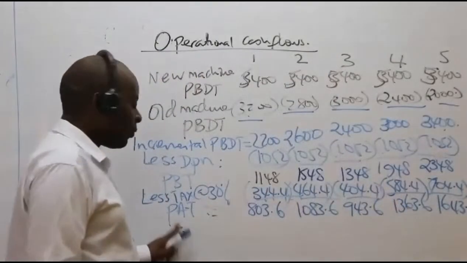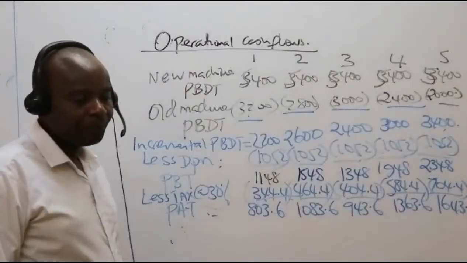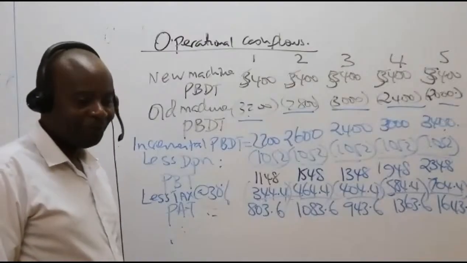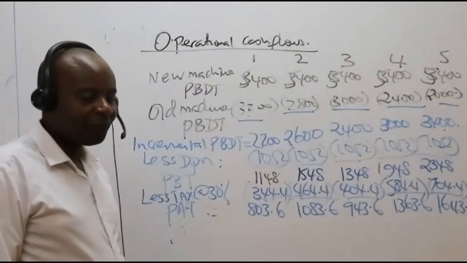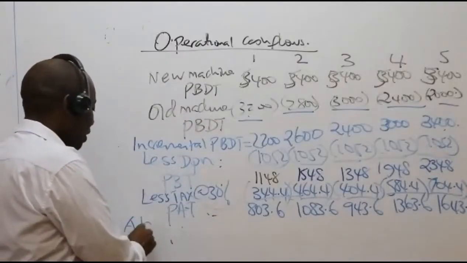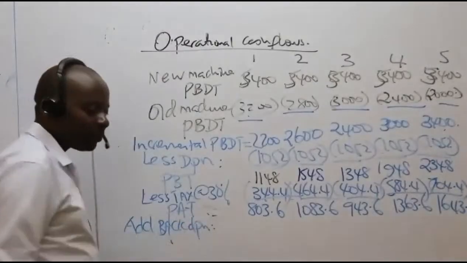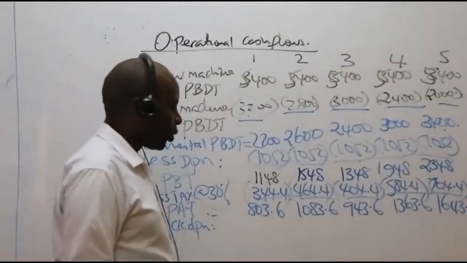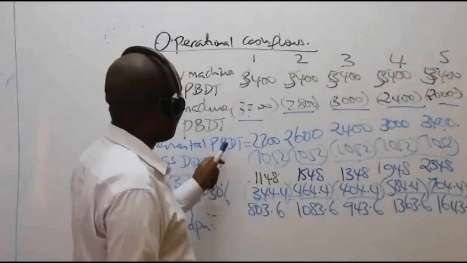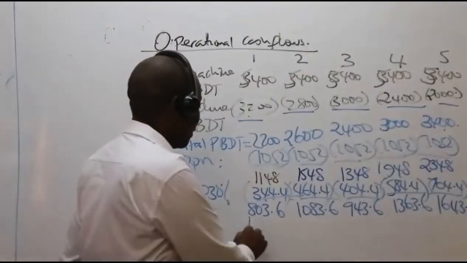So having gotten this profit after tax, what do you think will be the next thing to be done? We add back depreciation. Remember the figure here is 1052.